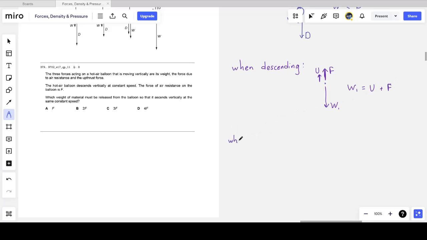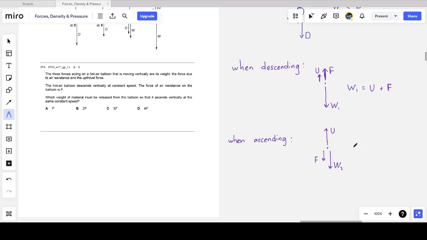But now let's look at the case when the balloon is ascending. So it has a different weight because we've released some of the material from the balloon, so it has a different mass and hence a different weight. That's why I labeled the initial weight W1. But now it's moving upward. And if it's moving upward, the upthrust is still pointing upward. And now the air resistance will act downward since the balloon's moving upward. And the weight will be slightly less, it'll be W2.